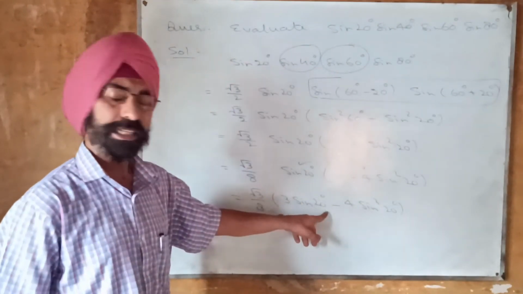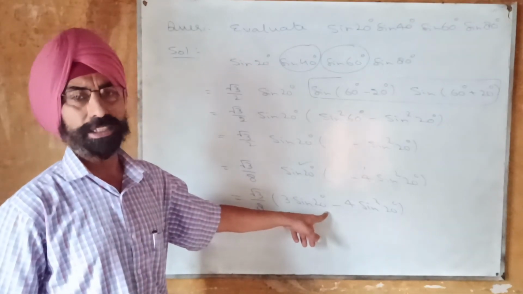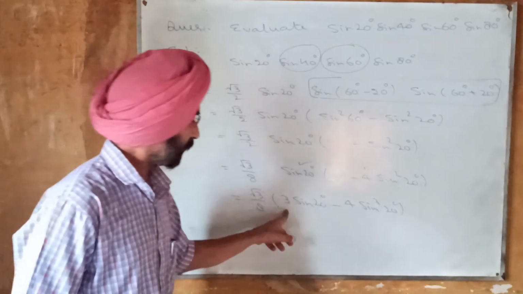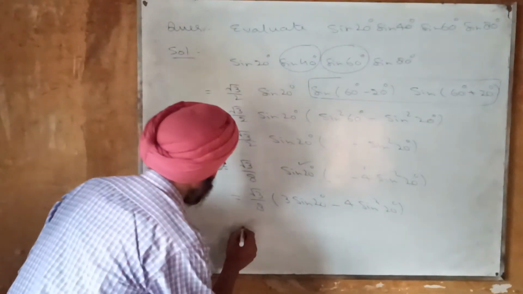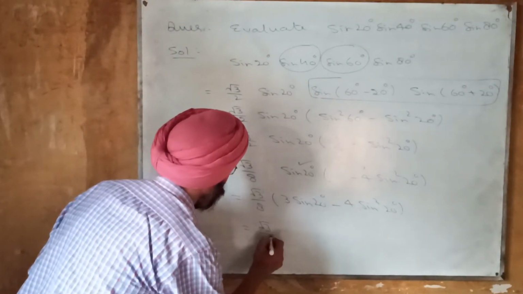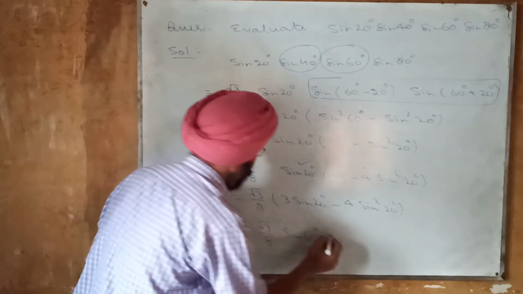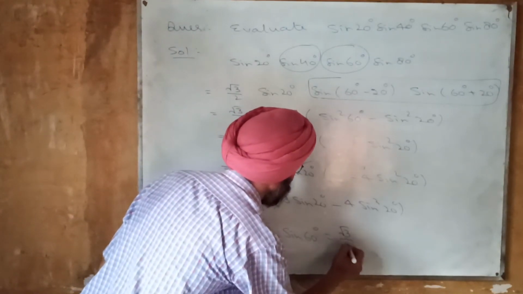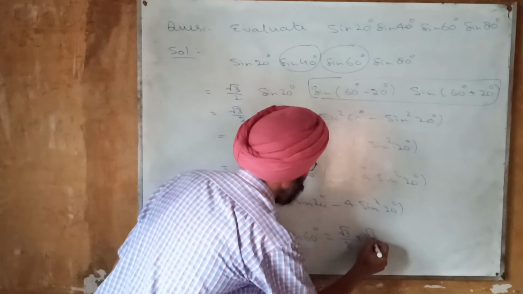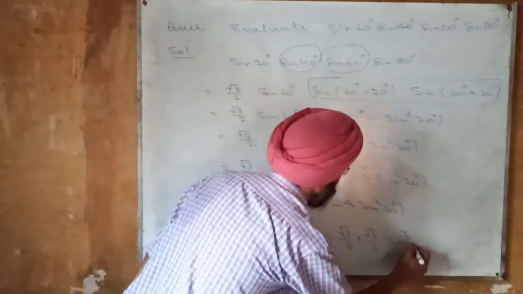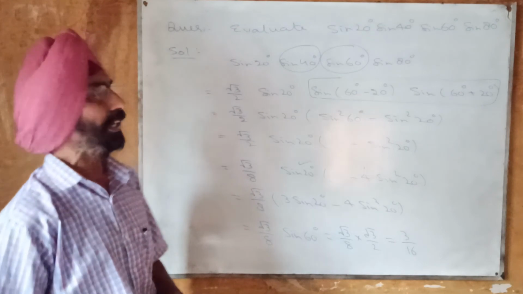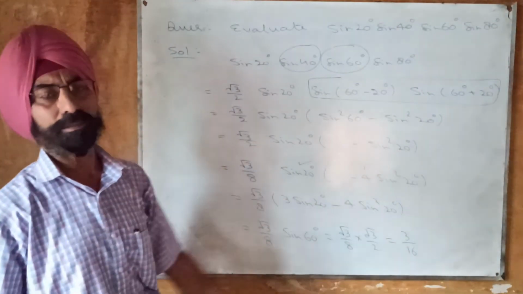Theta here is 20, so sine 3 times 20 degree. 3 into 20 is 60 degree, so this will become sine 60 degree. Root 3 upon 8 and sine 60 degree. And once again, the value of sine 60 degree is root 3 by 2, and multiplying them together you will get 3 upon 16, which is the final value of this given term.